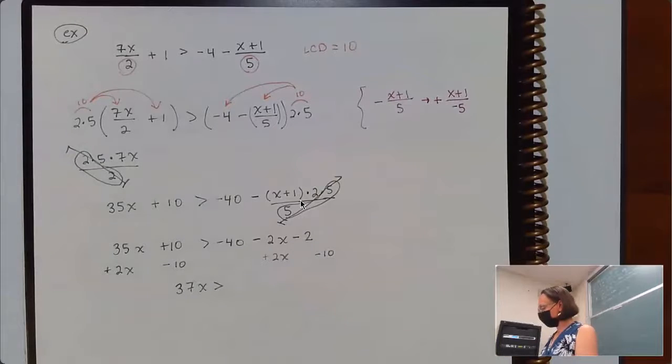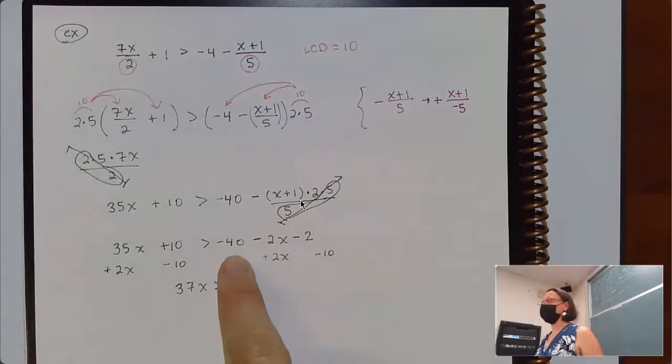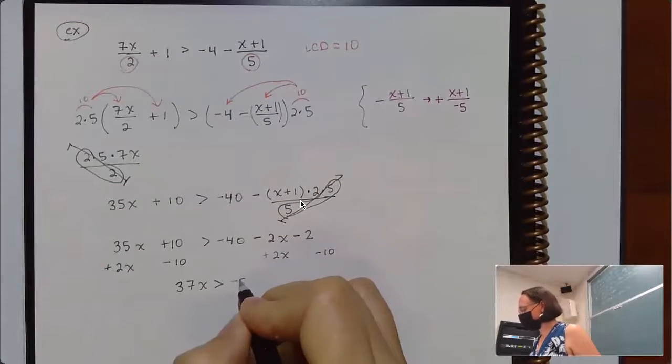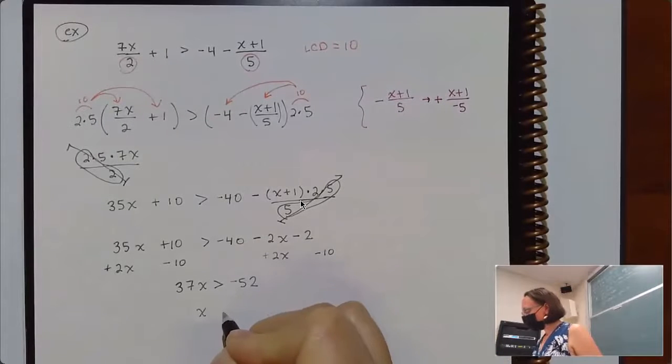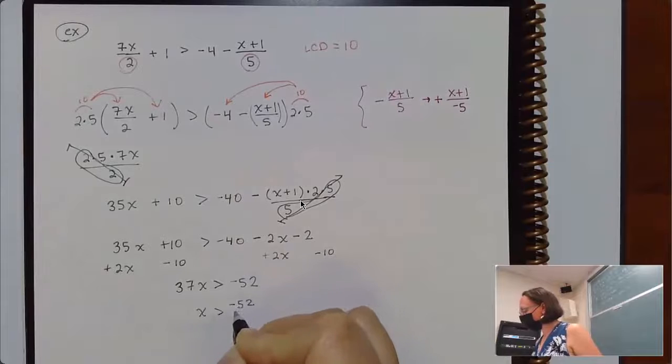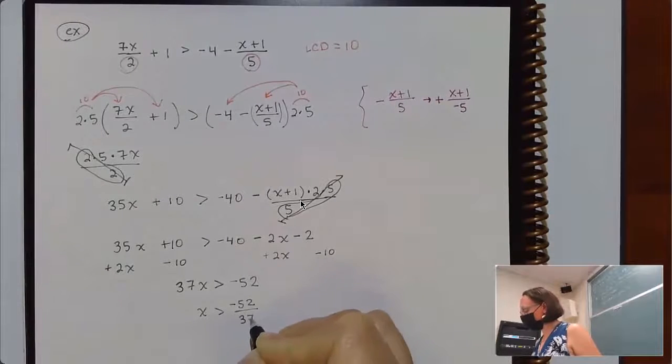And on the right-hand side, I've got negative 40. Sorry, I pointed at negative 40 and said the wrong thing. Negative 40 minus 10 puts me at negative 50. And then minus 2, I'm at negative 52. So it's gross, but x is greater than negative 52 over 37.